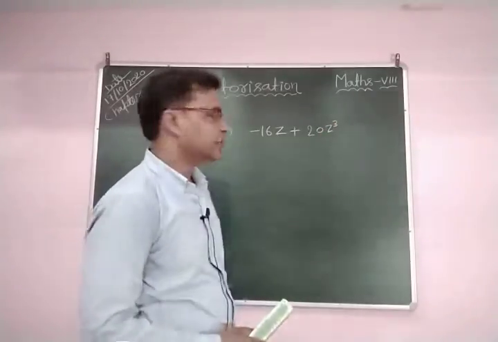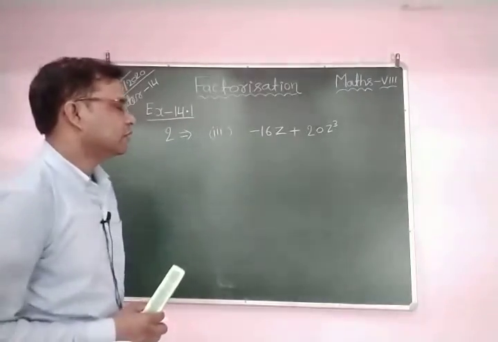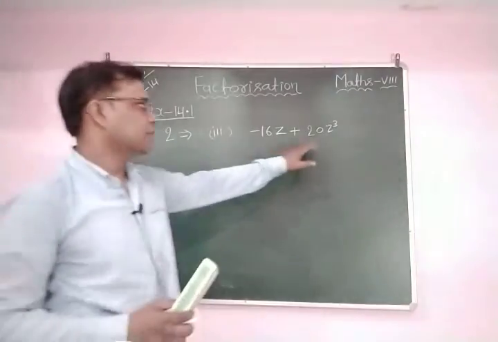Clear? This is given. So how can we factorize this algebraic expression? This is the first term, this is the second term.